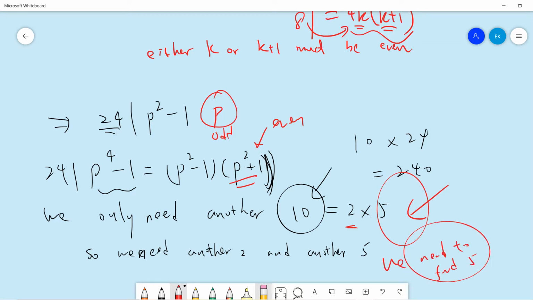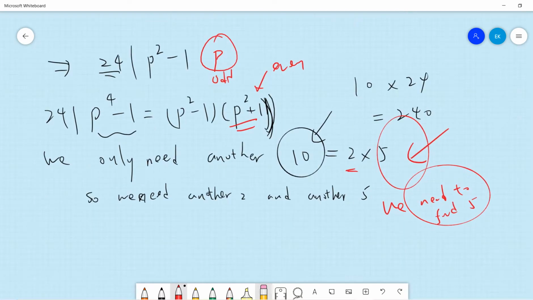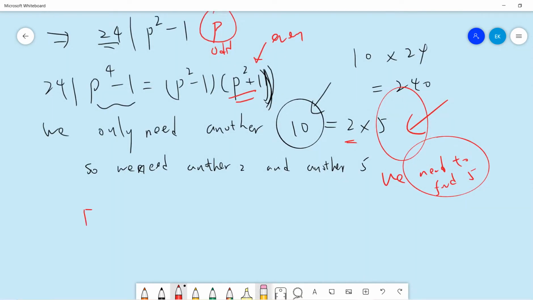Okay, there are many ways to do this. The easiest way is to use Fermat's little theorem.